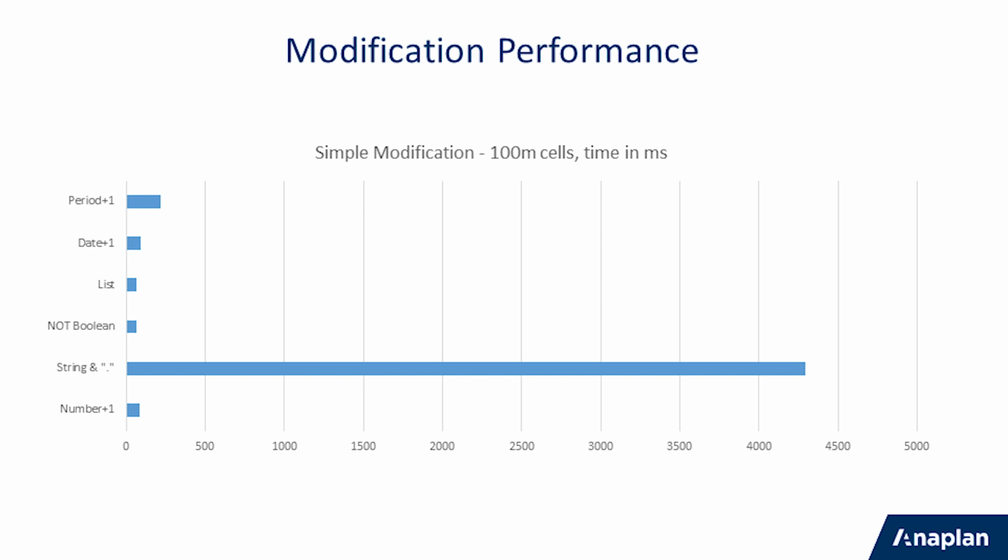And so if you have a model which is primarily using string calculations to do its logic work, it will run very slowly. If you can do calculations using Booleans and using aggregations of those, then do that rather than using strings.